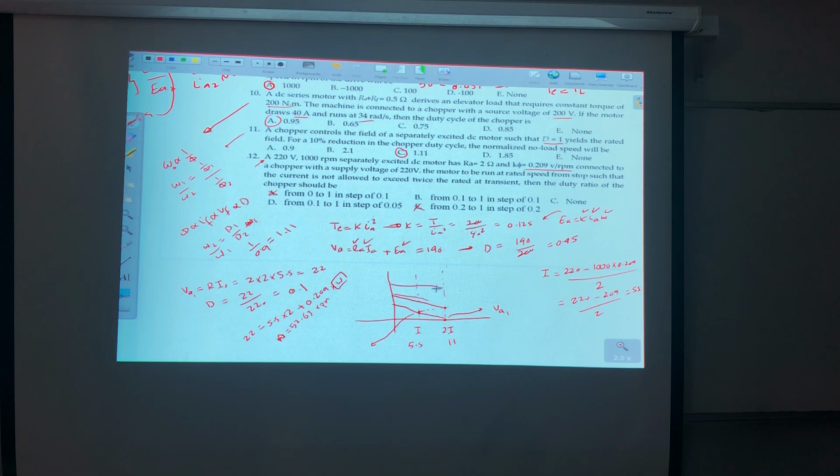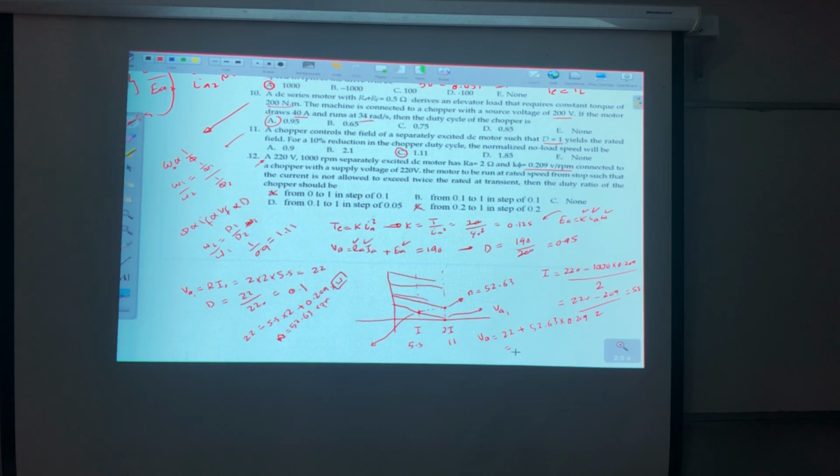So now I need to calculate the step change. Remember, it will be a straight line, the same slope, so the variation will be the same. So I need to calculate the D at this line. Now, at this line, the speed n is given, 52.63. The current is given. So simply, VA will equal 22 plus 52.63 multiplied by 0.209.